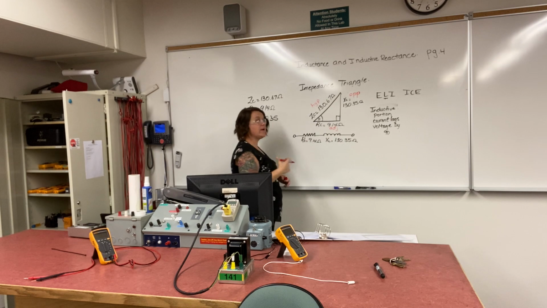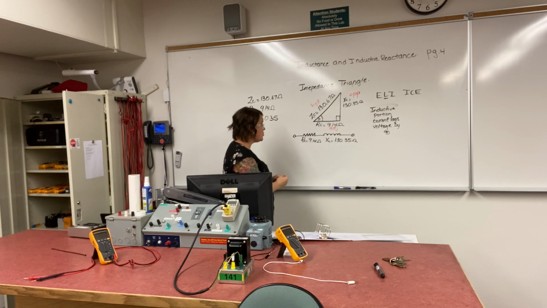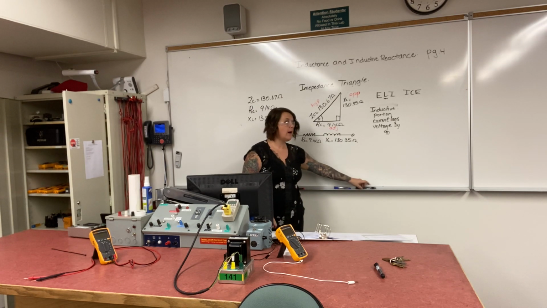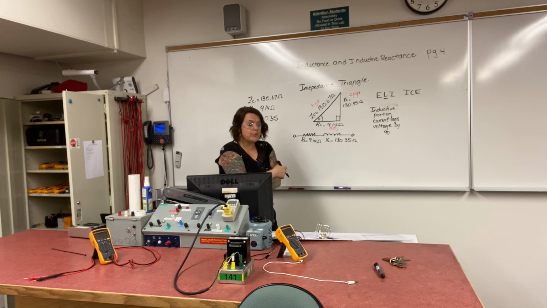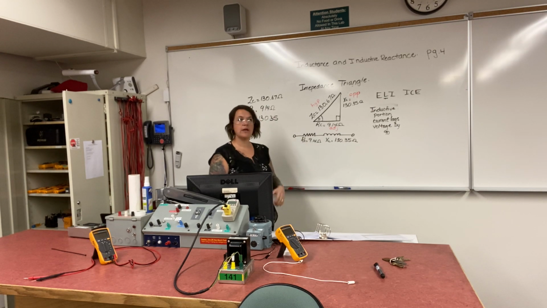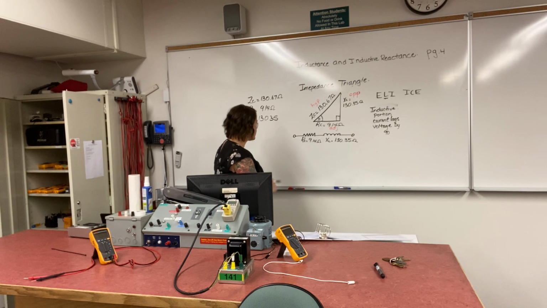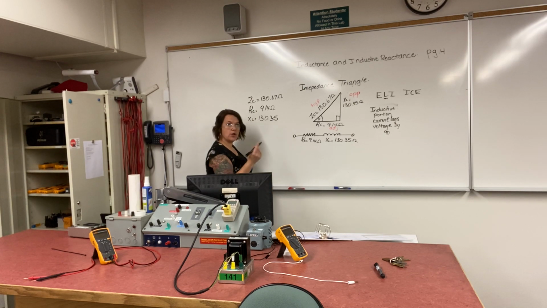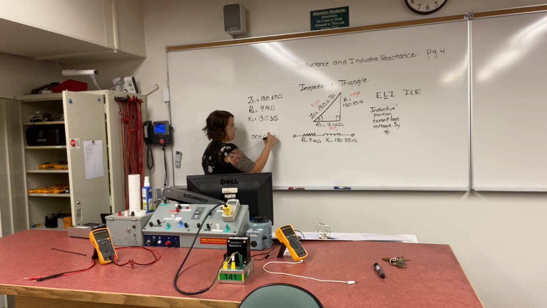I'm going to use cosine because cosine is the trig function that we will use all the time when we're looking for the power factor of our circuit. If you're not sure of what cosine is, you're going to write down your SOHCAHTOA acronym. Cosine is adjacent over hypotenuse.